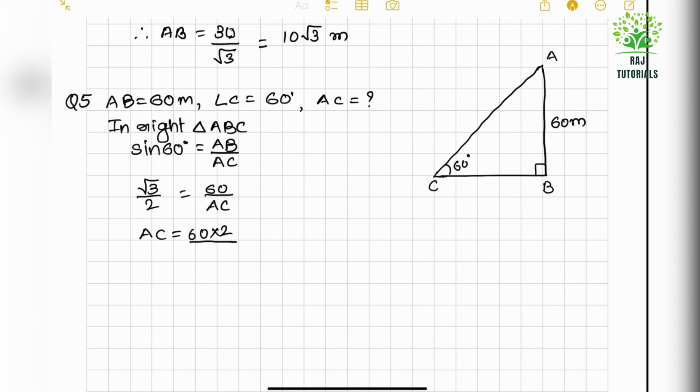So sine 60 is root 3 by 2, AB 60 upon AC. So directly I can say AC equal to 60 into 2 by root 3. So this will be 120 upon root 3.